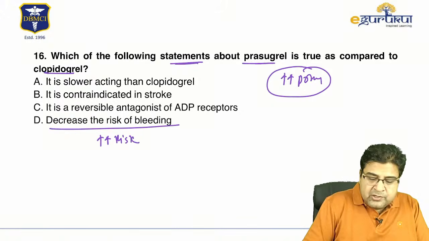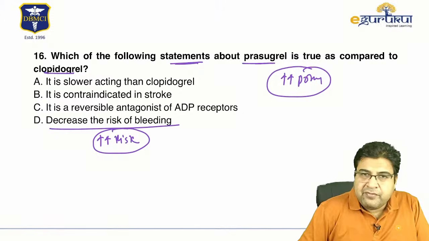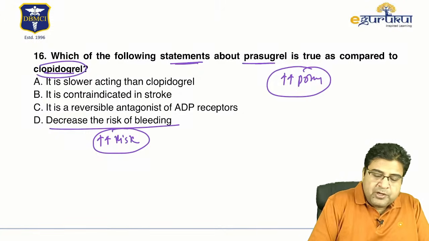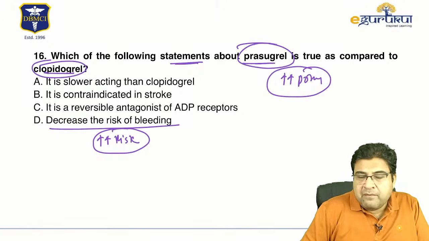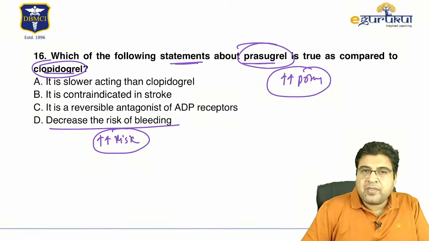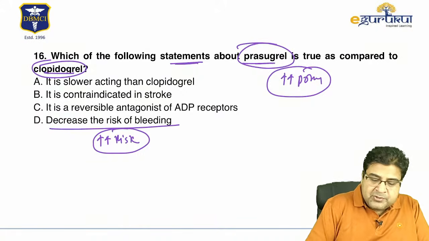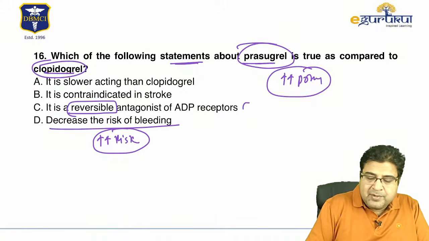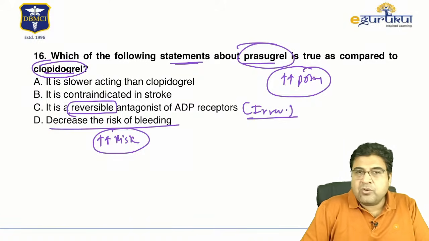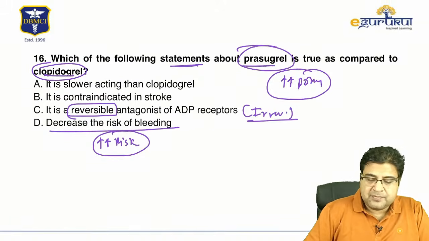Still, because of its higher efficacy than clopidogrel, the new medicine prasugrel has a higher risk of bleeding in comparison to clopidogrel. Now, clopidogrel and prasugrel are irreversible inhibitors, not reversible inhibitors. Clopidogrel, prasugrel, ticlopidine: these are the irreversible inhibitors.